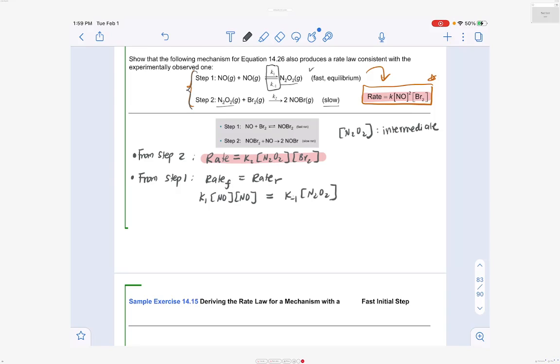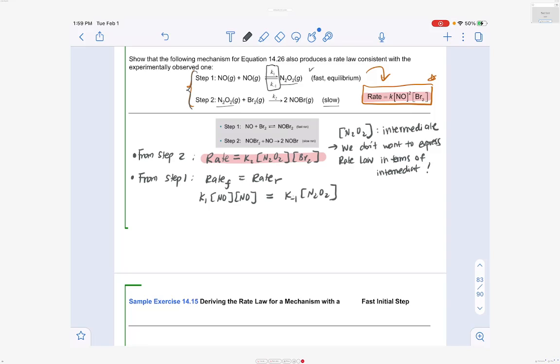And as I mentioned before, we don't want to express the rate law in terms of intermediate.